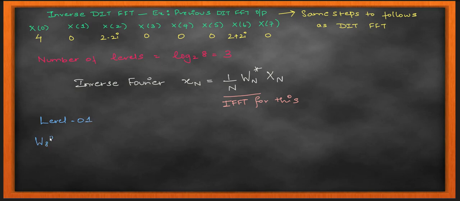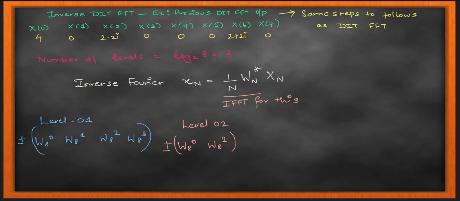That is the only thing I'm going to do. I'm not going to change anything else in the values. So if I am seeing a plus j, I'm going to convert that into a minus j. And if I'm seeing a minus j, I'm going to change it to plus j. And that is the only thing you need to do to find your conjugate.